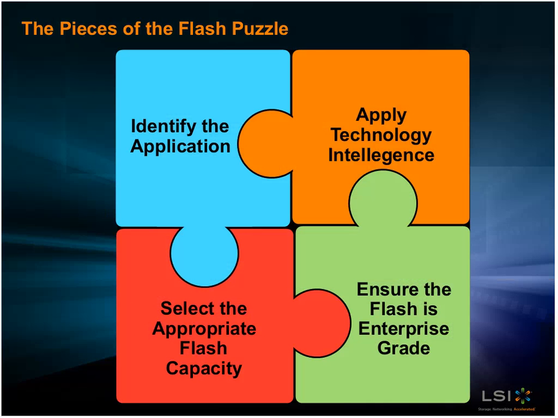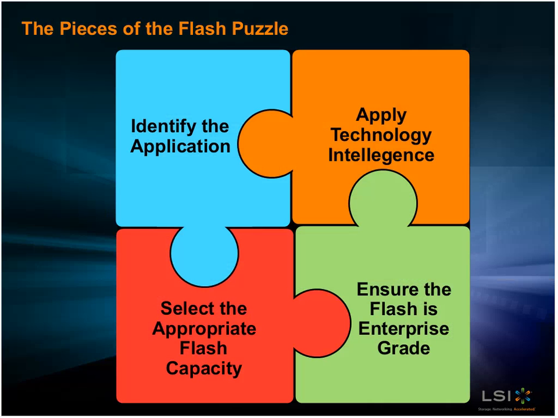You could buy pure flash capacity in order to replace your traditional spinning media in a DAS environment, certainly, or you could apply some intelligence to that capacity and only put the hot data that I talked about earlier onto that flash media and still retain the investment in your current storage acquisition and take advantage of that for the cooler data.